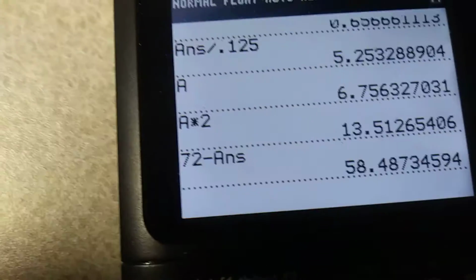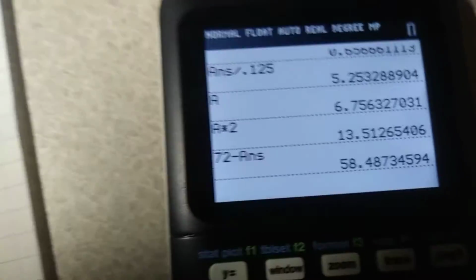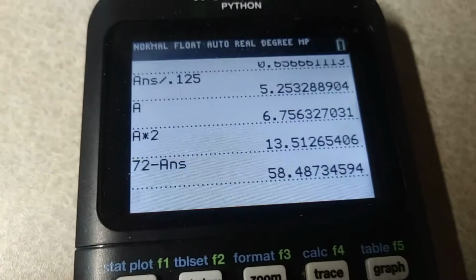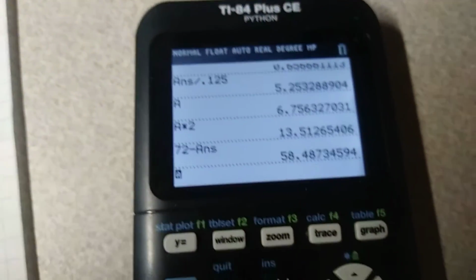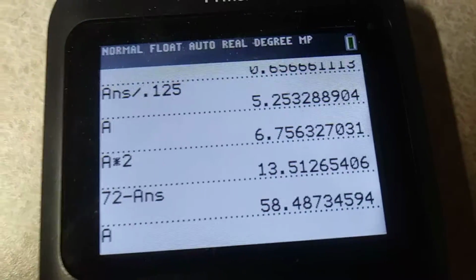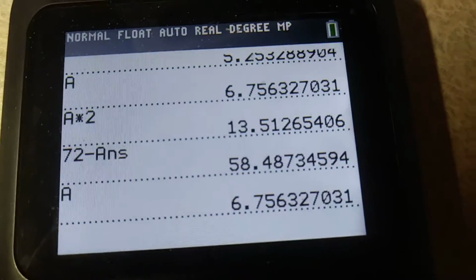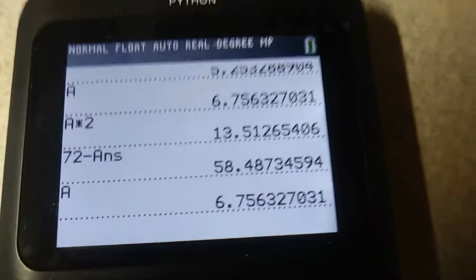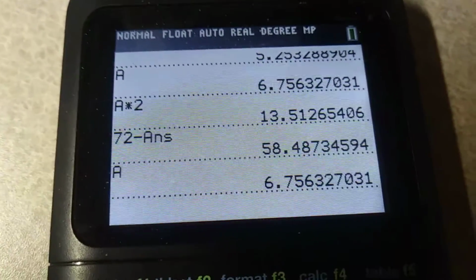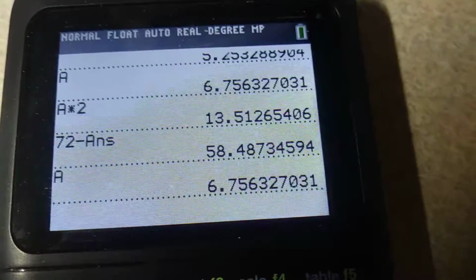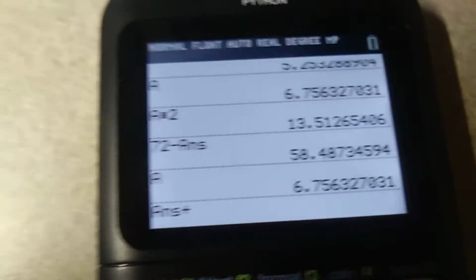Alright, so let's do that. I have both of these stored, so it's A. There we go, there's our 6.75 right there, highlighted in blue. And let's add that to the answer plus.